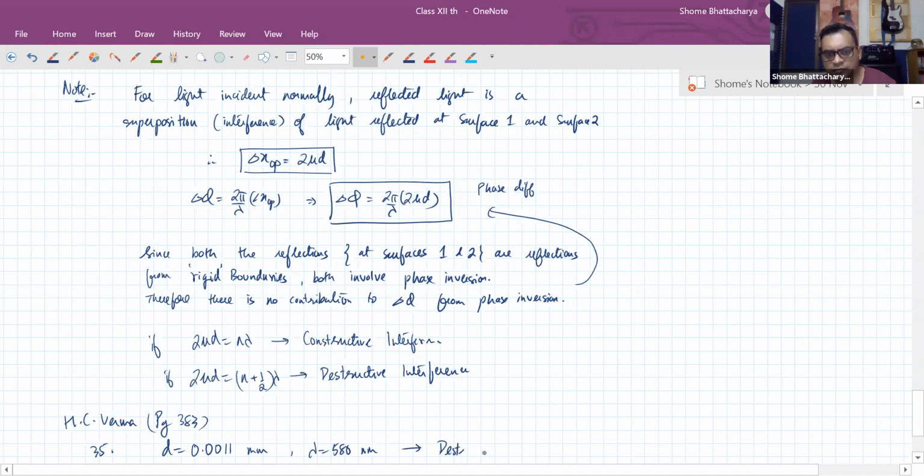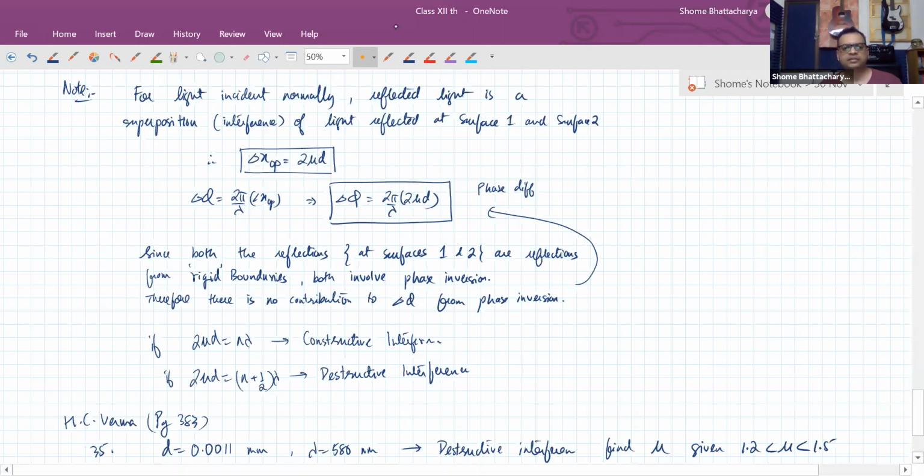So this produces destructive interference. And it is given to us that the refractive index mu, which we have to find, is in between 1.2 and 1.5. So this is that type of question where numerical analysis becomes important.